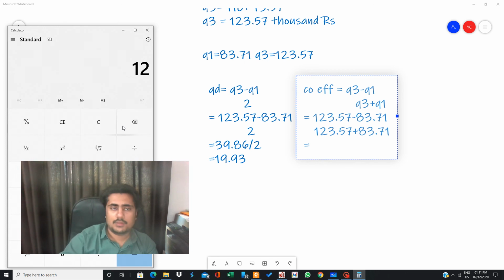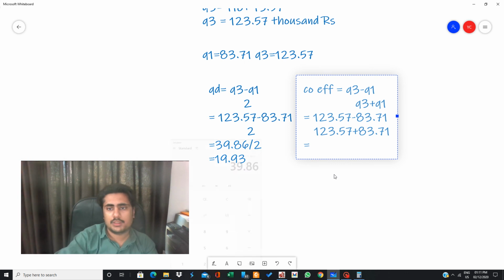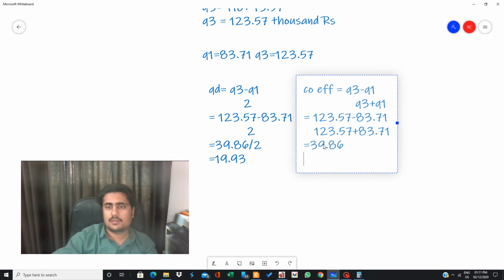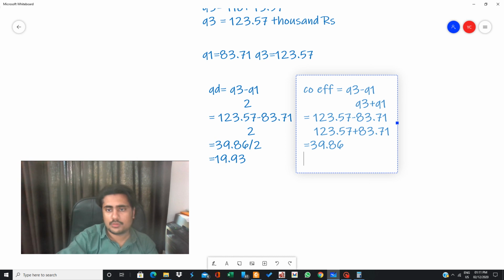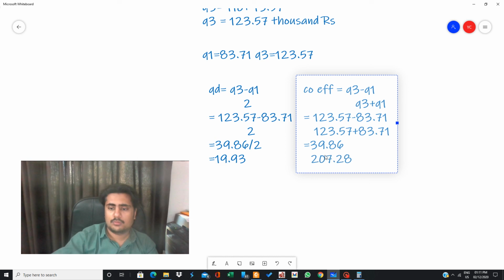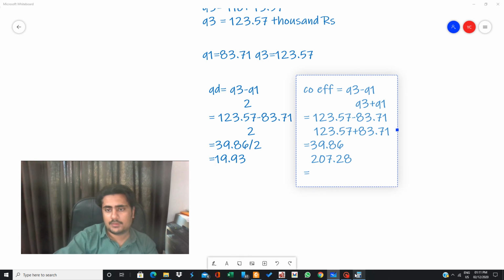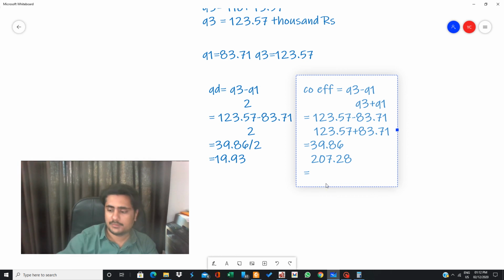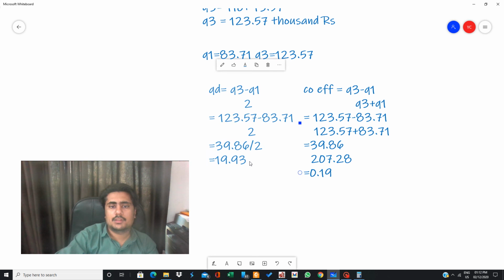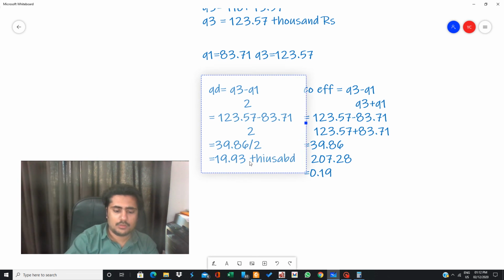Now what is 123.57 minus 83.71? 39.86 upon 123.57 plus 83.71 is 207.28. So 39.86 upon 207.28 is 0.19. This 19.93 is in thousand rupees.